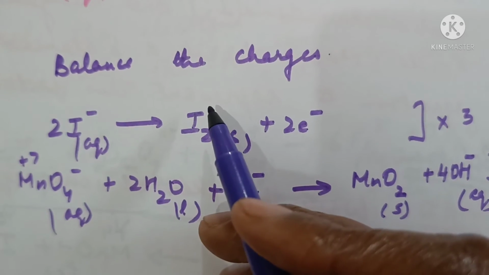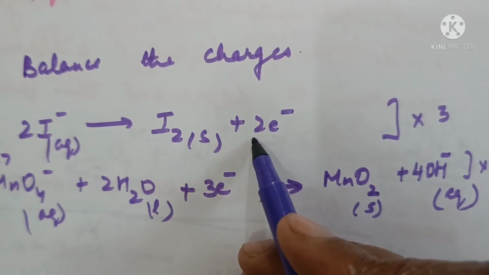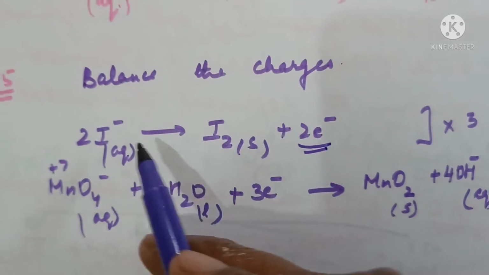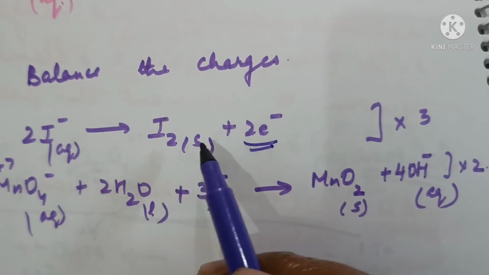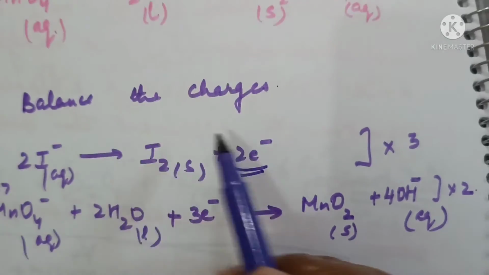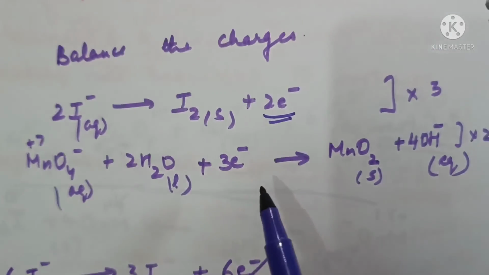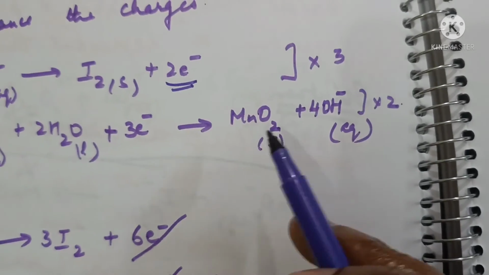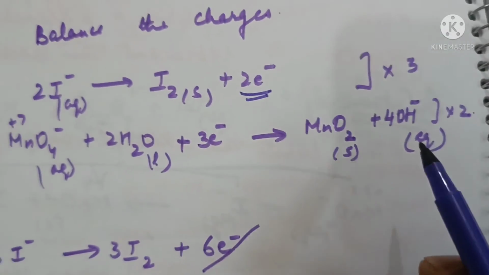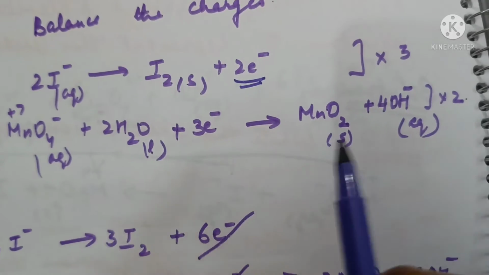There is no negative charge here. To make it equal, we add 2 electrons here. So we have 2 iodide converting into iodine and 2 electrons. Number of charges is same. We have MnO4 negative plus 2 water plus 3 electrons forming MnO2 plus 4 OH negative. Now, the charges are balanced here.